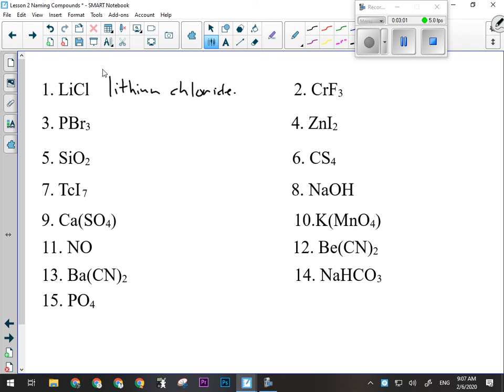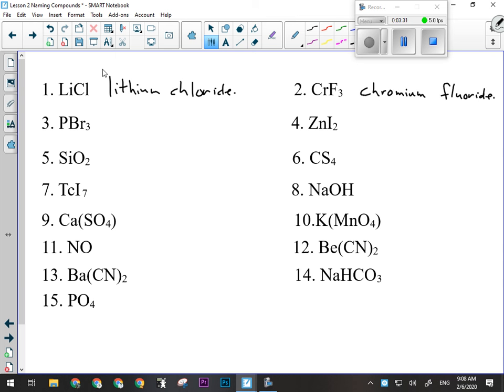Second one, I have chromium and fluorine. Is chromium a metal? It is. Does chromium have more than one possible charge? Yes. It could be a 2 or a 3. So I have an ionic compound, and it's going to need a Roman numeral in its name. So we've got chromium fluoride.